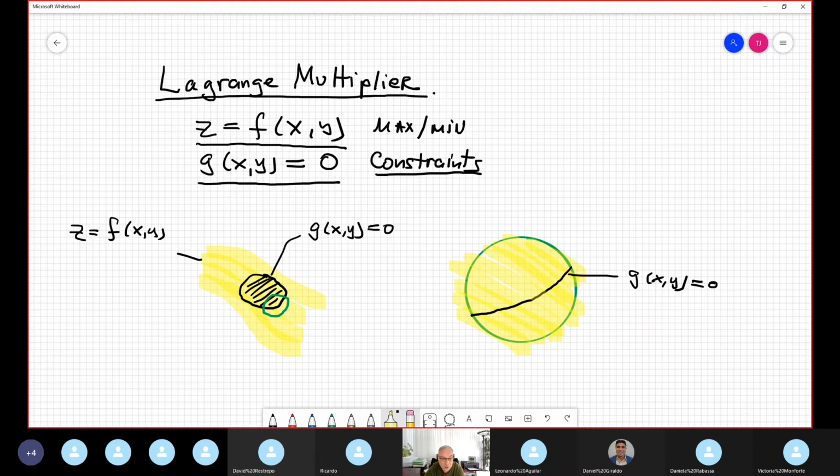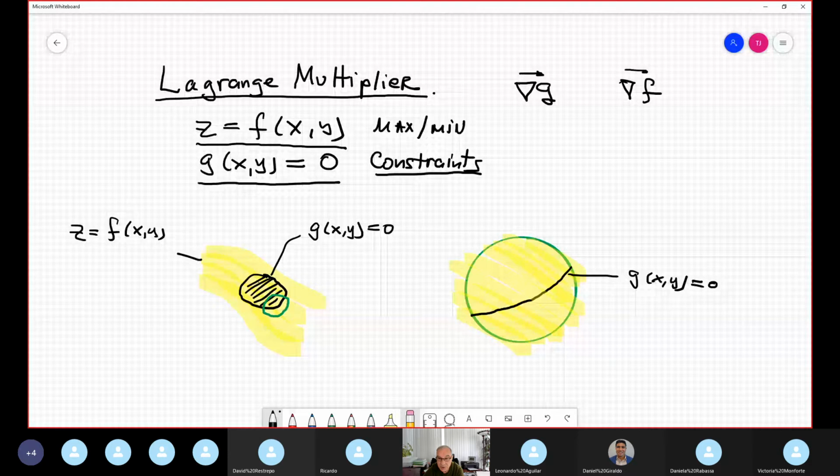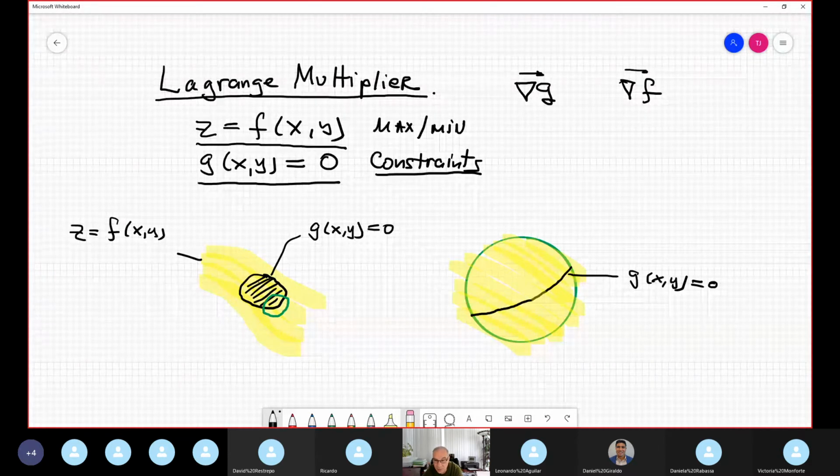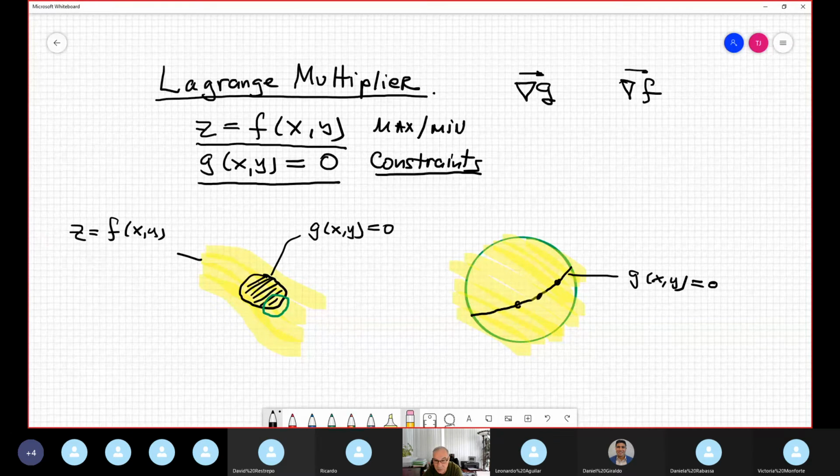Okay, so we are discussing the relationship between the gradient of g and the gradient of f. The gradient of g is a vector, of course, always perpendicular to the curve g. So at any point, suppose any point, this is perpendicular.